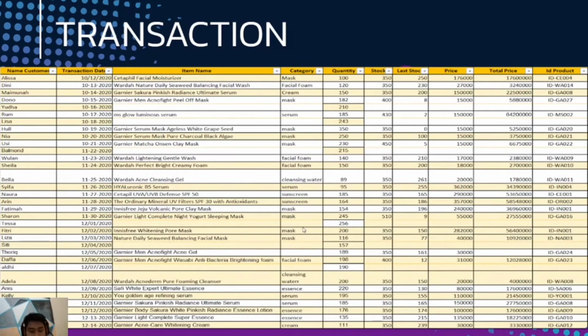And the next is table transaction. In this table, we have customer name, transaction date, item name, category, quantity, stock, last stock, price, total price, and ID product. This table describes transaction skincare purchases.